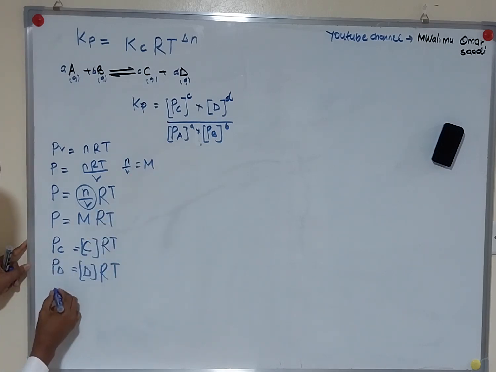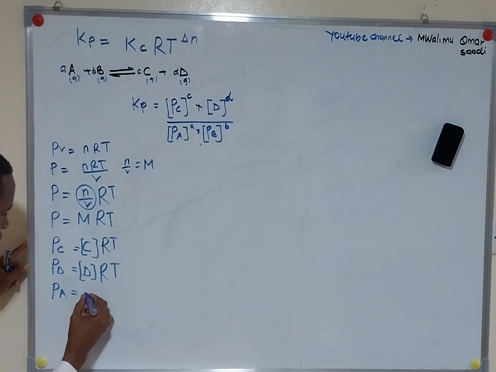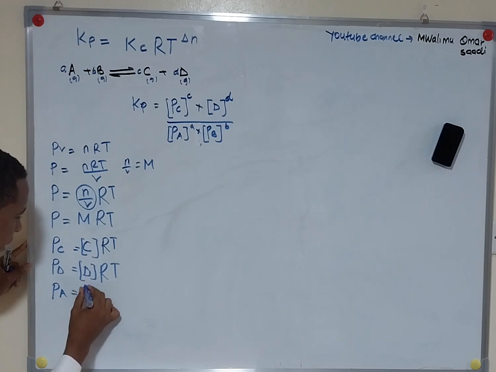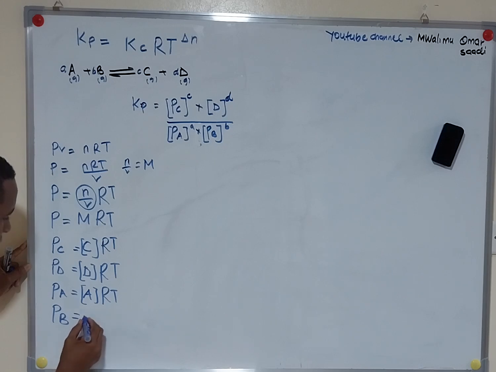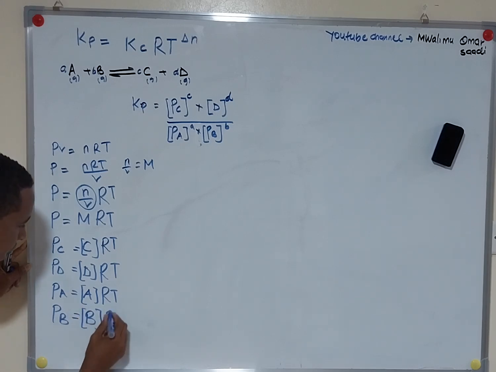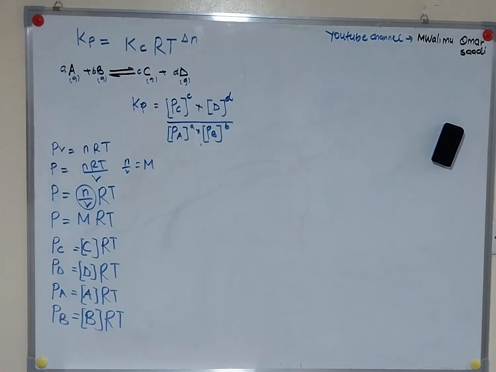For A, PA is equal to the concentration of A times RT. And for B, the pressure of B is equal to the concentration of B times RT.